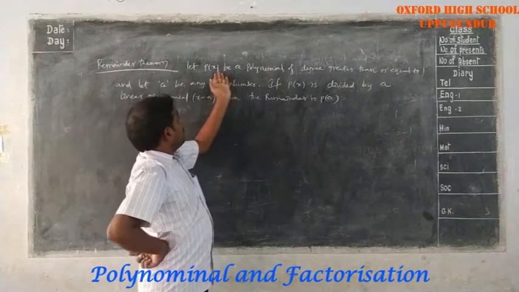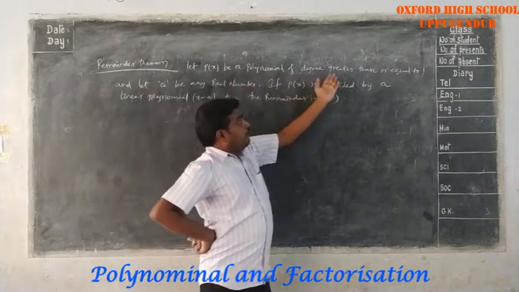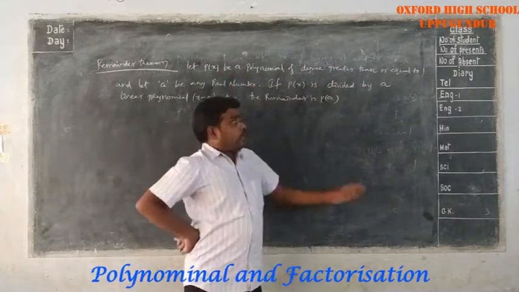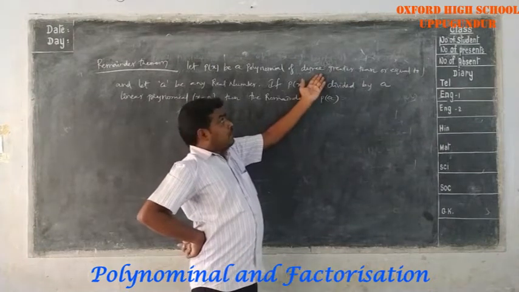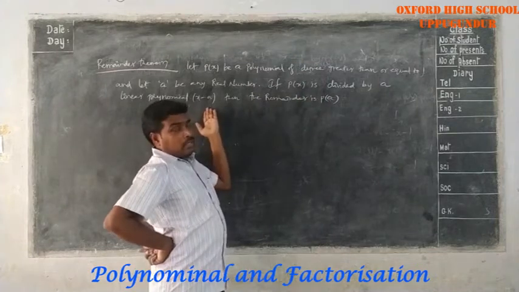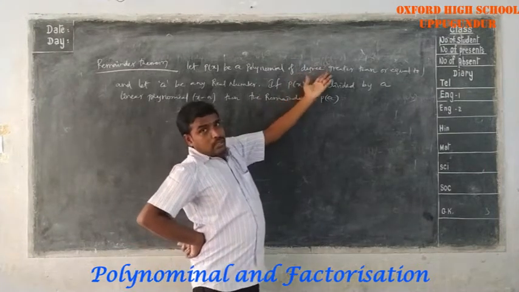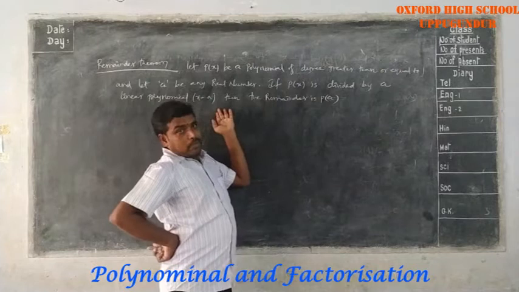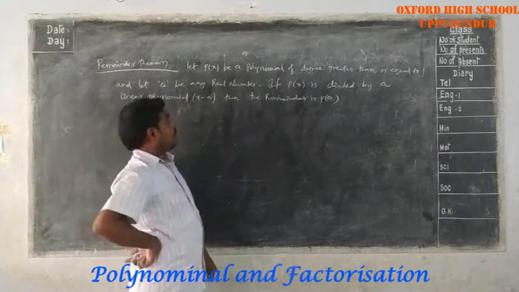That's why we are considering P of x to be a polynomial of degree greater than or equal to 1. If the degree is equal to 1, it is a linear polynomial, and we are dividing a linear polynomial with a linear polynomial. Otherwise, it is more than the degree of the linear polynomial, and then we can divide with the linear polynomial.